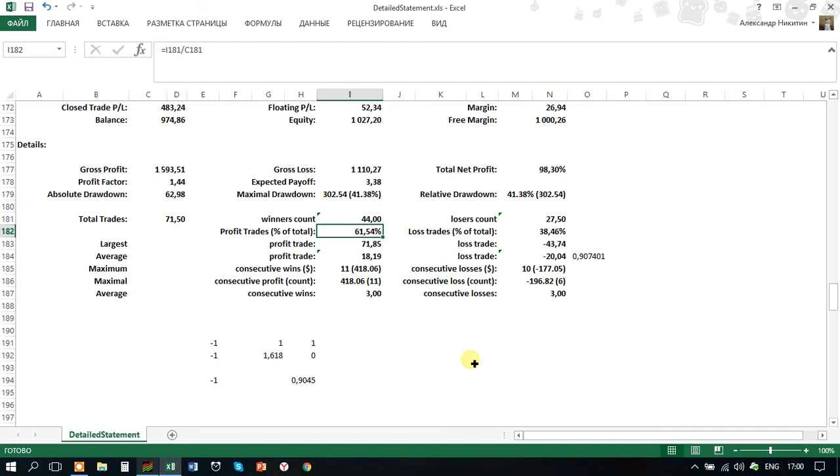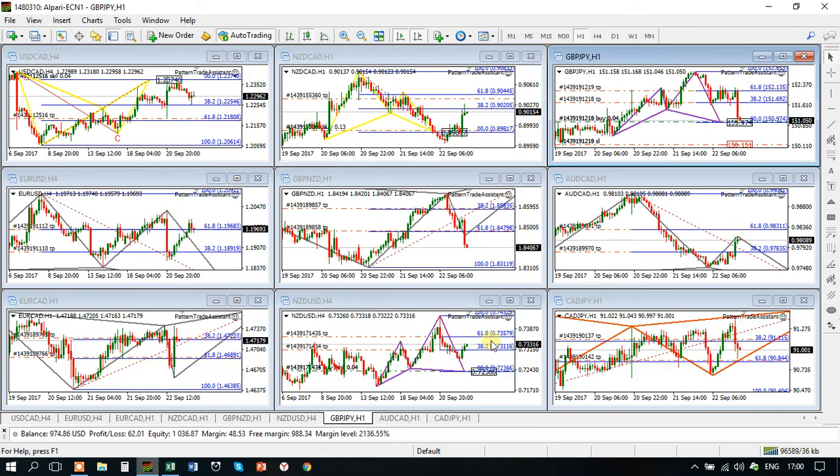61. So now you do understand what I mean when I say that manual is for professional traders, and automatic is mostly for intermediate and newbie traders. That's actually what I meant: the professional trader knows the best swings.